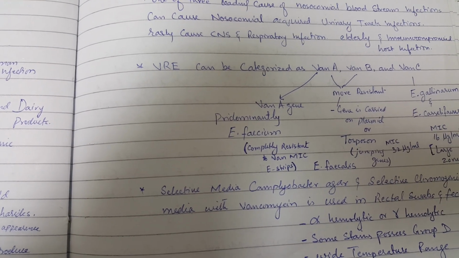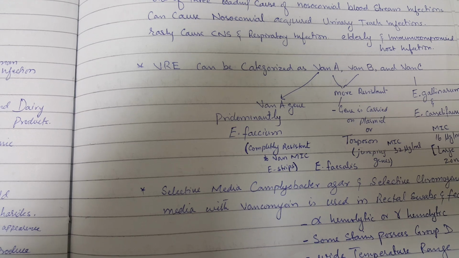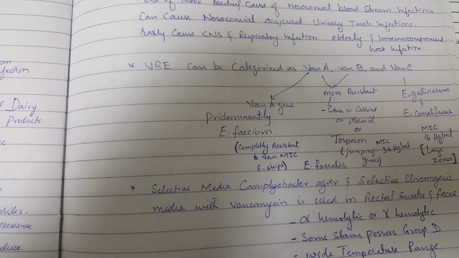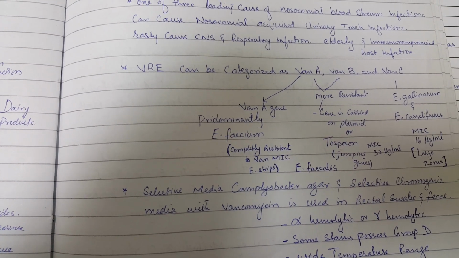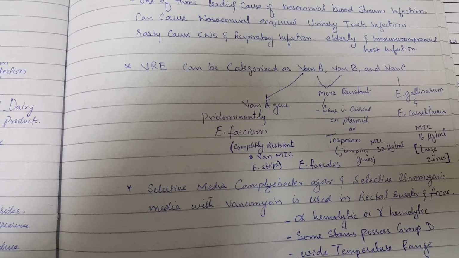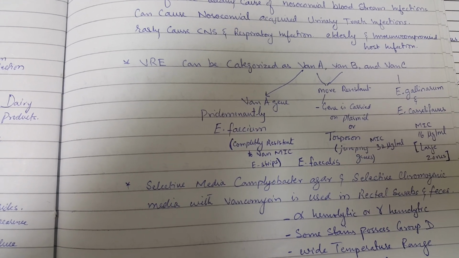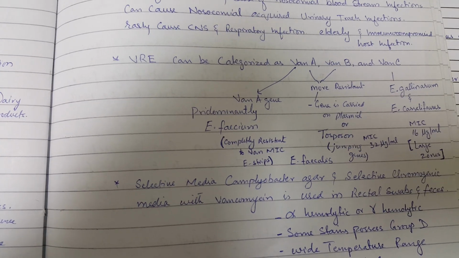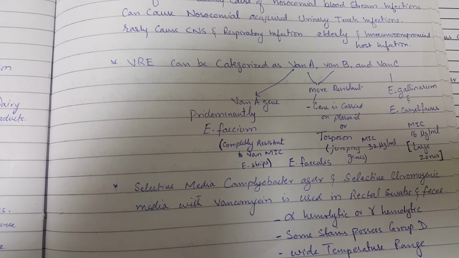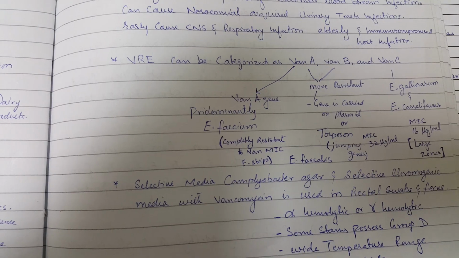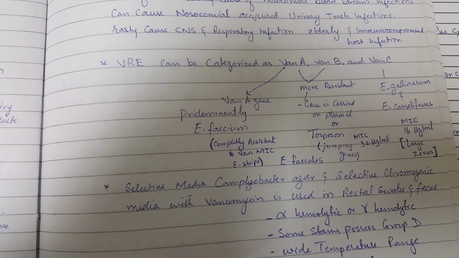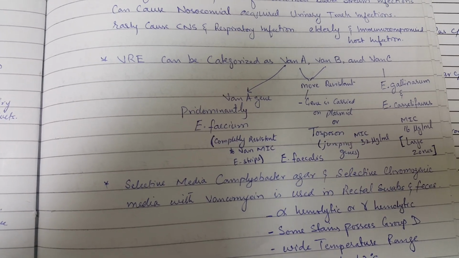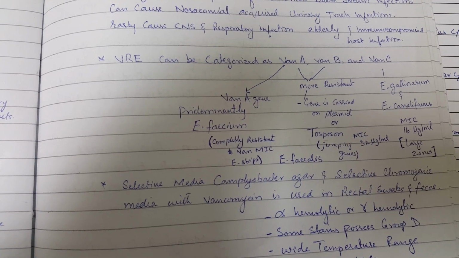With this gene, the vancomycin E-strip shows complete resistance. VanB is more resistant because the gene is carried on the plasmid or transposons, the jumping gene. The MIC is 32 micrograms per ml.